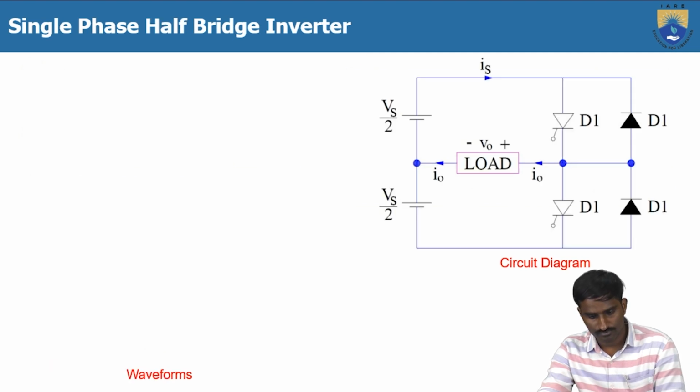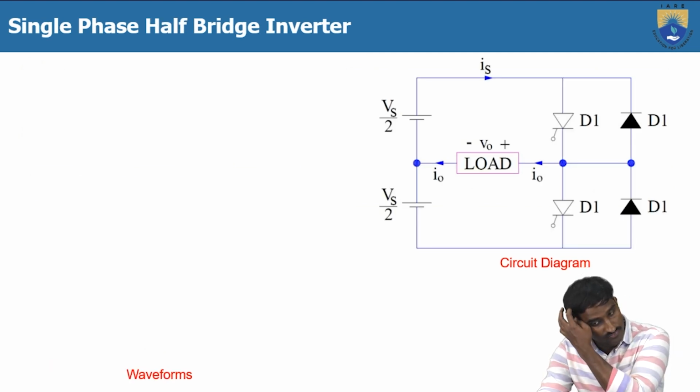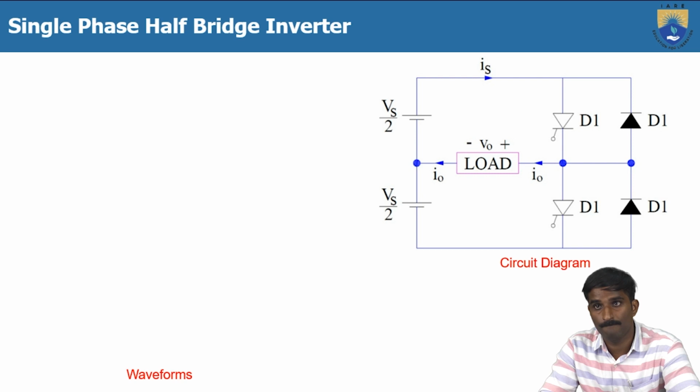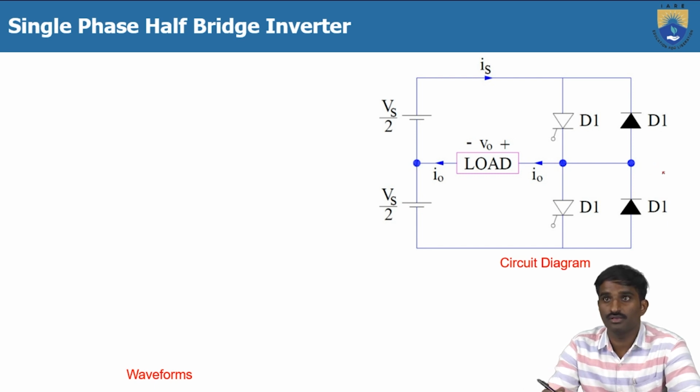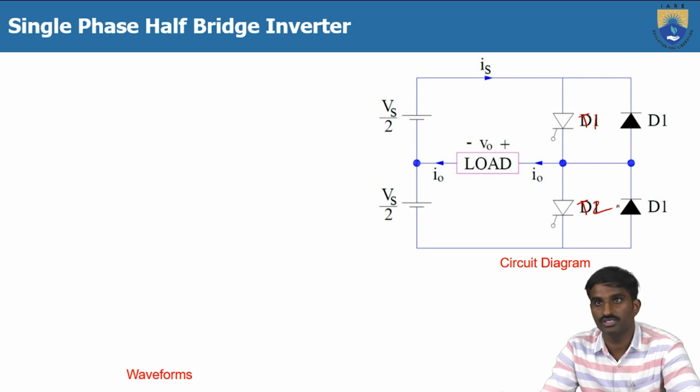Then we will discuss the single phase half bridge inverter. As you can see in the single phase half bridge inverter, here it was a mistake, it is T1 and T2. Let us consider.